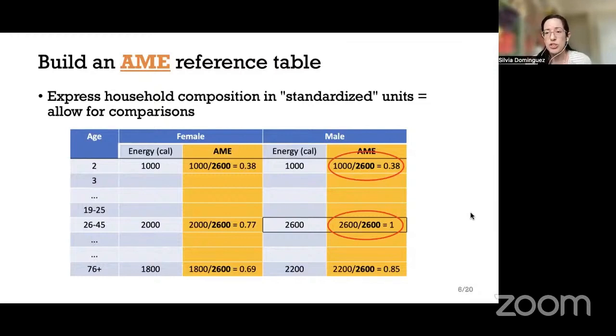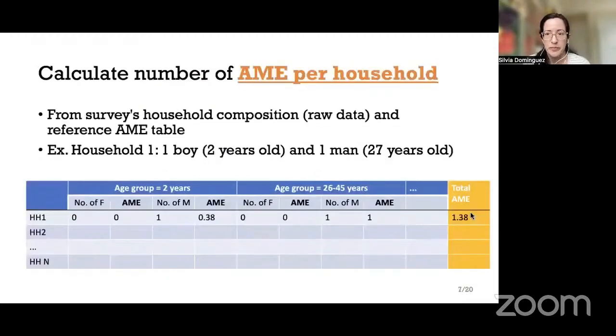So this type of conversion will allow us to express the household composition, so each member of the household, in terms of standardized units. Now, as I said earlier, having access to the survey's raw data is absolutely critical. This is, again, a very simplified table where I'm listing a hypothetical number of households in the first column, and next to it, the breakdown of the household members.